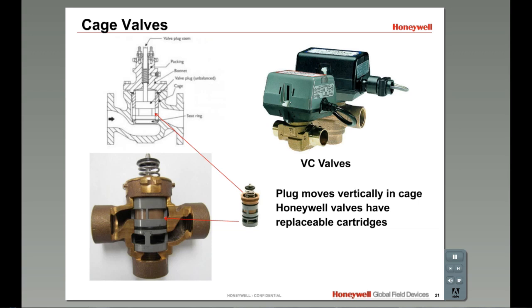Honeywell VC valves all have close-off pressure of 60 psi and have actuators that mount easily onto them. VC valves are also easy to service because the cage is a cartridge that can be easily replaced. Cage valves may be used in two-position and modulating control and are not sensitive to the flow direction.